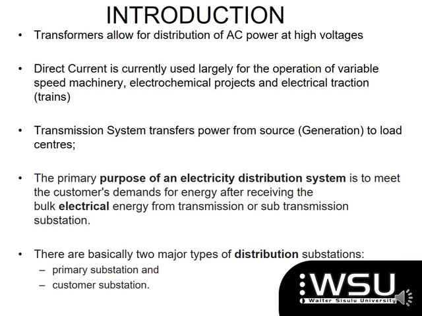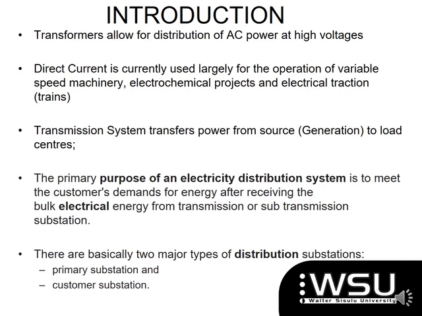Then for our transmission, we usually go from generation, where the power is being produced either at a coal or nuclear power station or any other form of power station, and it travels and goes to our load centers.